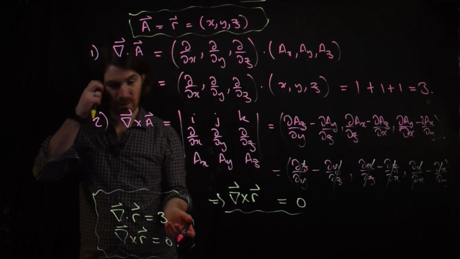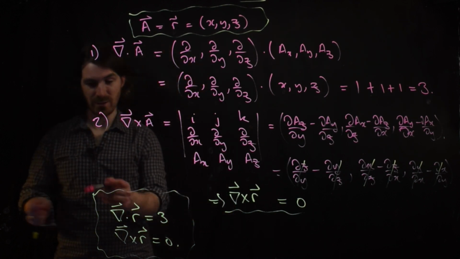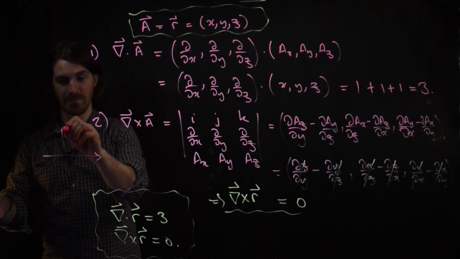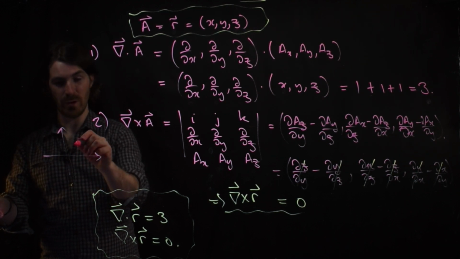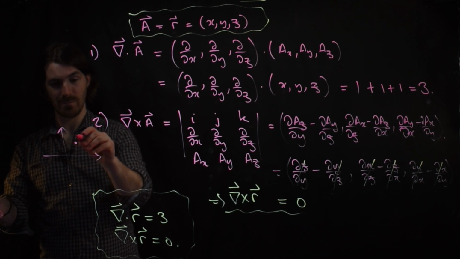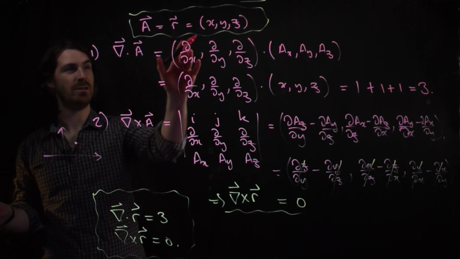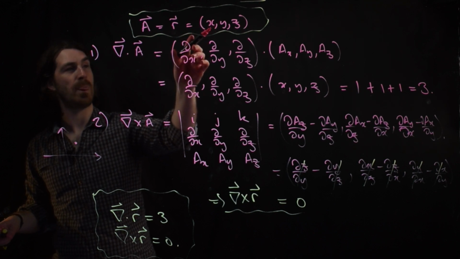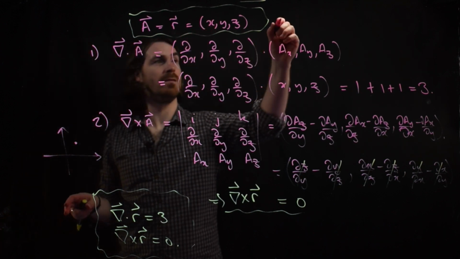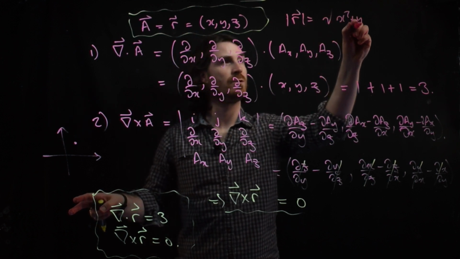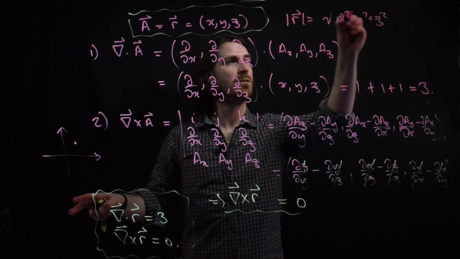If we draw the vectors, here's an xy plane, then at any point the vector field r represents a vector with magnitude r equals the square root of x squared plus y squared plus z squared.